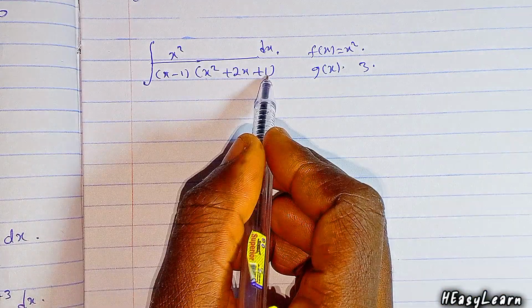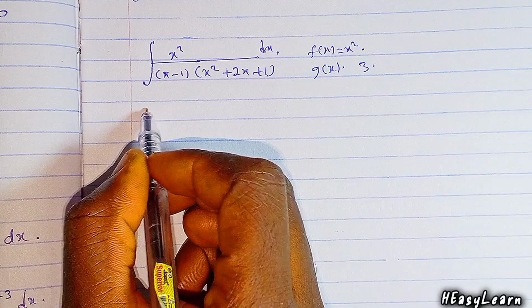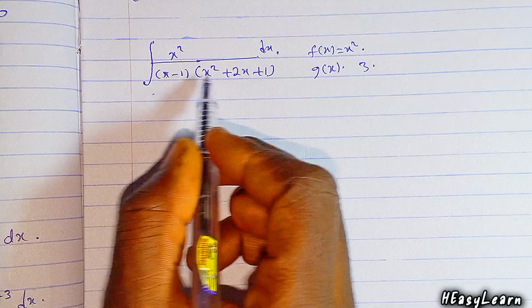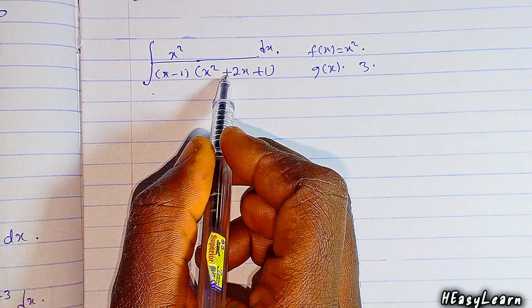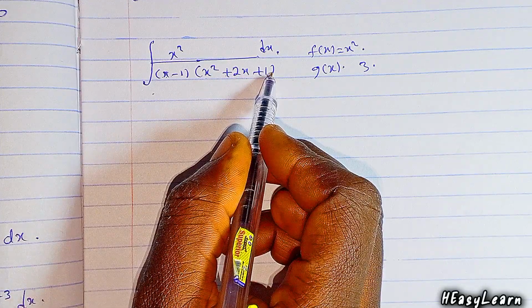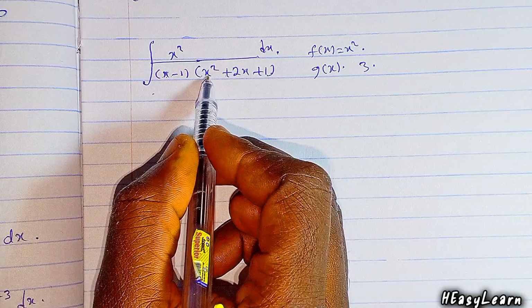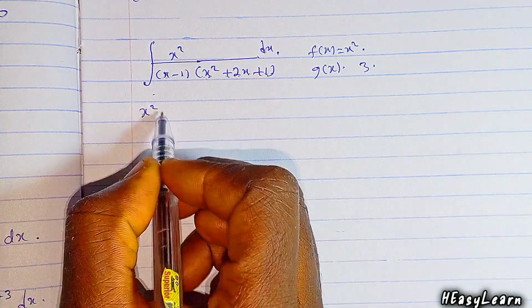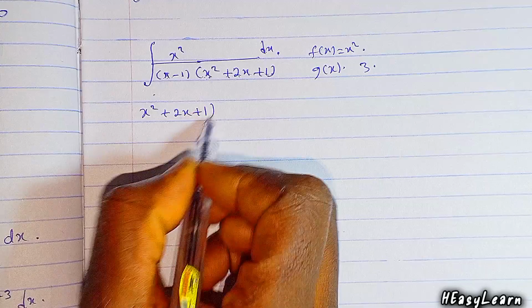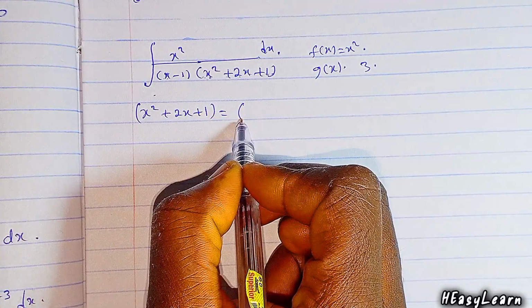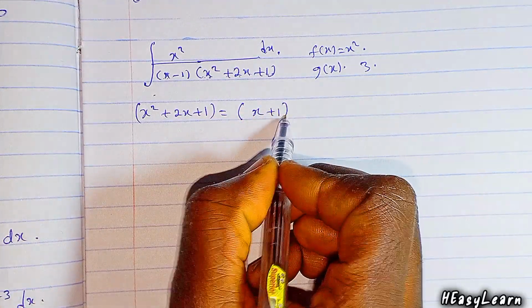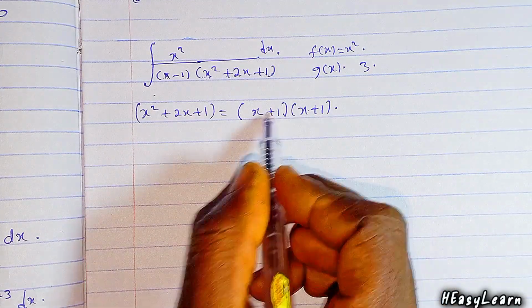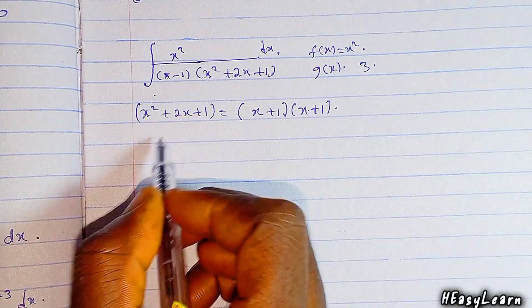This is a quadratic factor. So before we can rewrite this in a simpler fraction, x squared plus 2x plus 1 is the same thing as x plus 1, x plus 1. So these are the factors of x squared plus 2x plus 1.